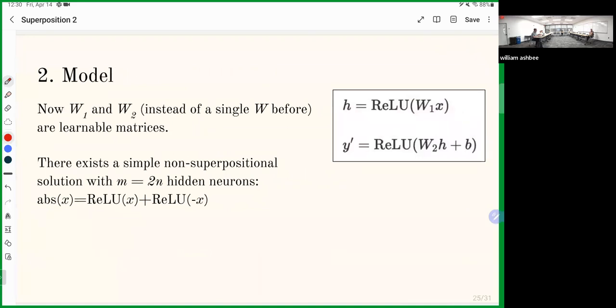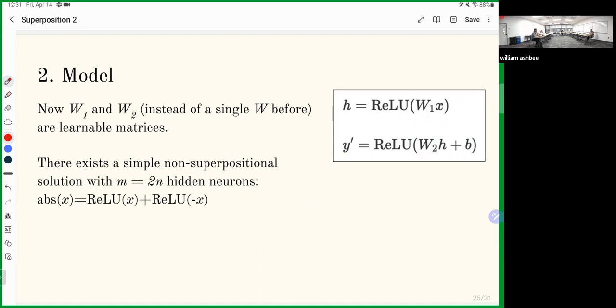The model they consider looks like that. It's kind of a two layer MLP. Nice thing about this problem is that it can actually be simply solved without any superposition.